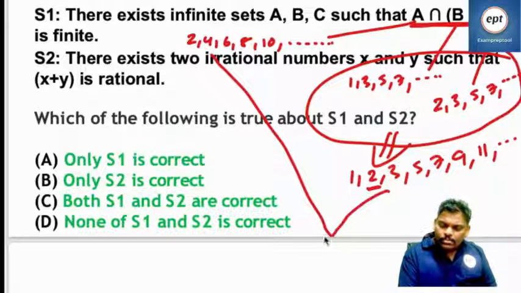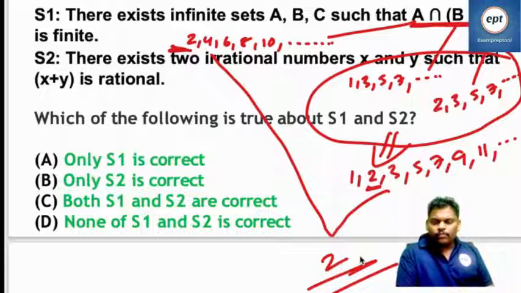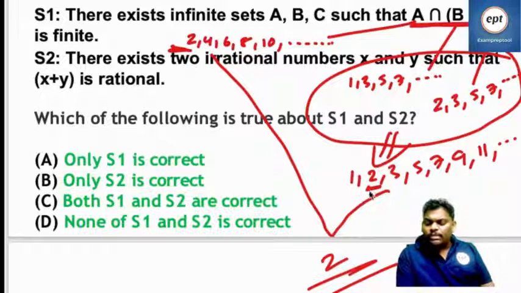Now the even numbers and these odd numbers, do intersection. I think 2 is common. Odd number union prime number: all odd numbers will come, and 2 extra also will come.